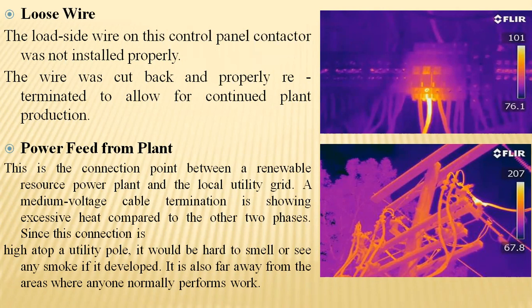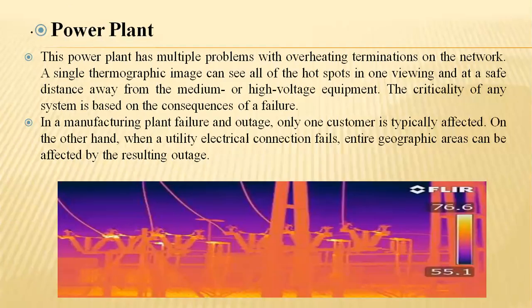Loose wires have to be tightened, and likewise the power feed from the plant. There, internal connectivity or disconnectivity would affect the transfer with respect to high voltage. Normally we have connectivity from the power plant, and many problems in the power plant and the connectivity to sub transformers and transformers in different areas can be covered by utilizing its wide wavelength or frequency.